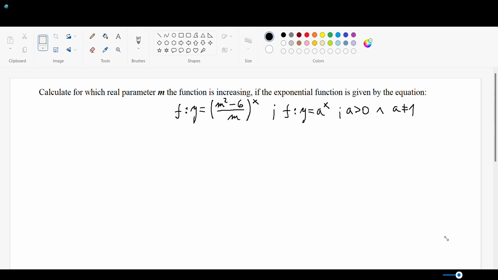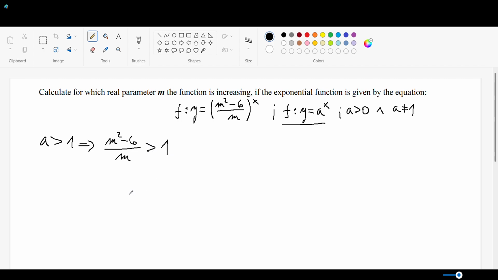As we already know, any exponential function of this form is increasing when a, or the base, is greater than 1. What it basically means for our function is that the base, which is m squared minus 6 over m, must be greater than 1.